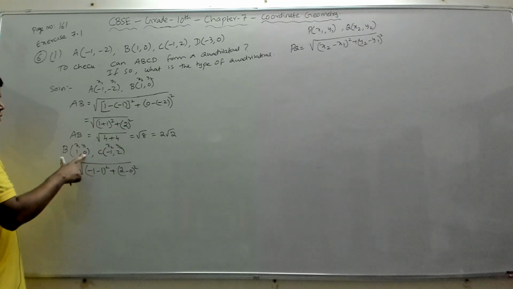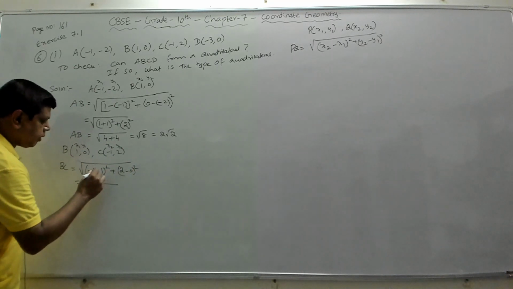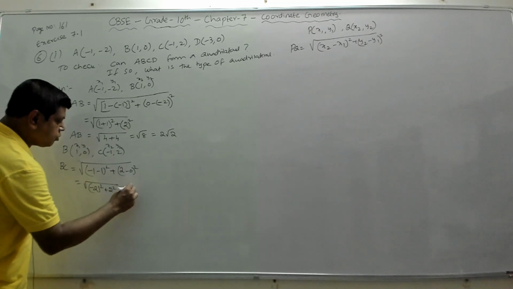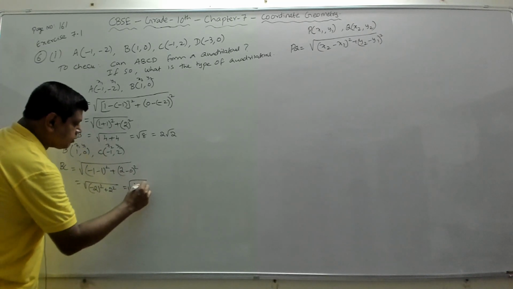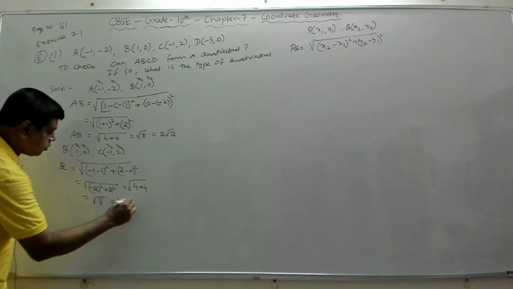That gives the square root of (minus 2) the whole square plus 2 square, which is the square root of 4 plus 4, so square root of 8. That is 2 root 2, which is BC.